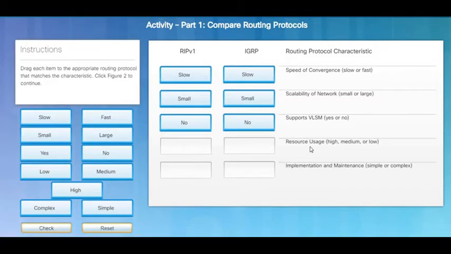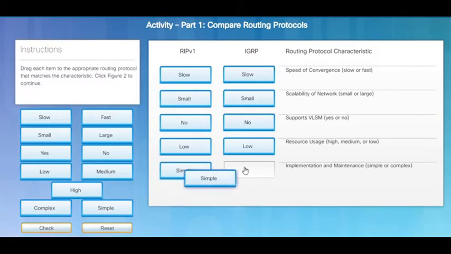What about resource usage? You have three options here: high, medium, or low. If you answered low, we'll see later. The implementation and maintenance, is it simple or complex? Simple. So this is about RIP v1 and IGRP routing protocol characteristics according to different categories.